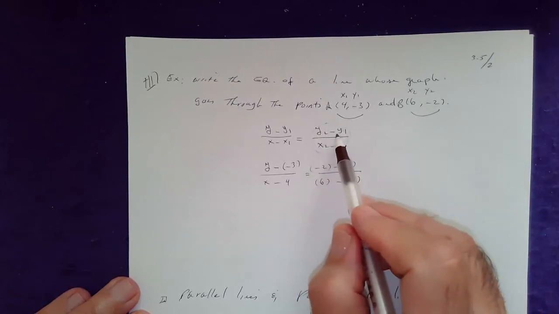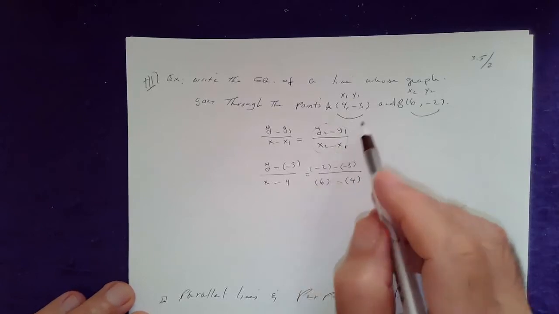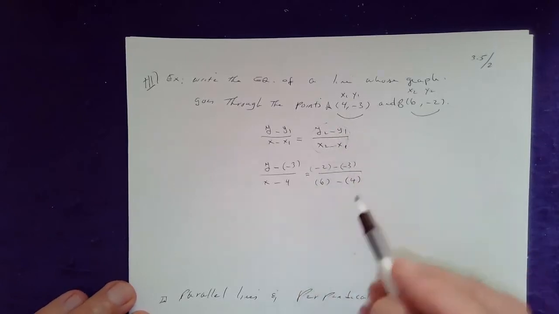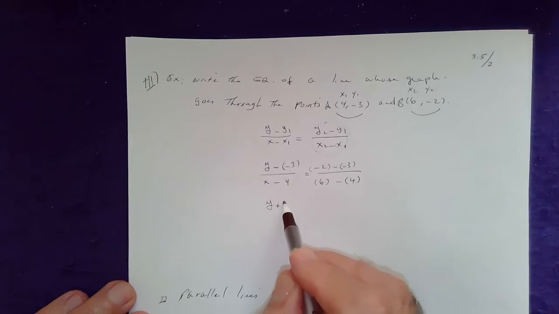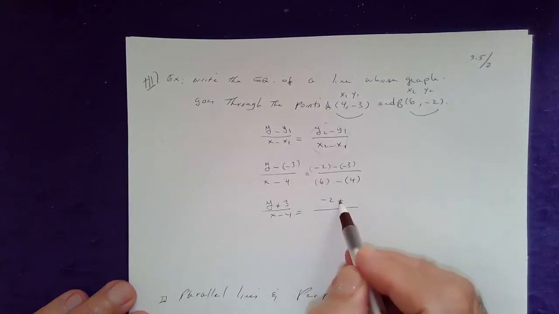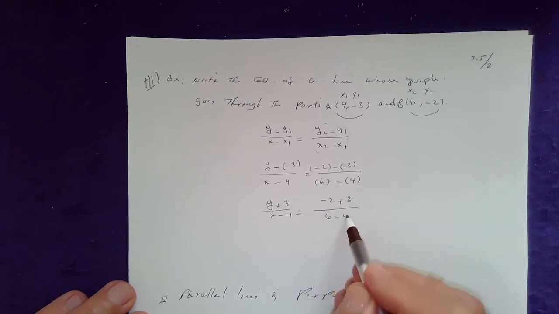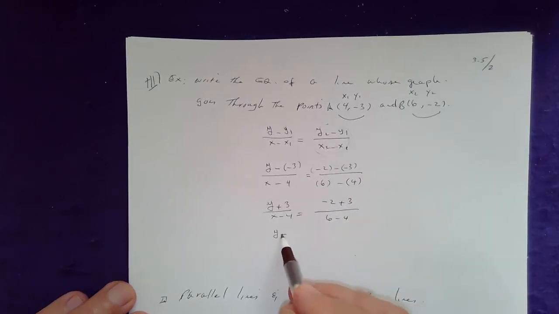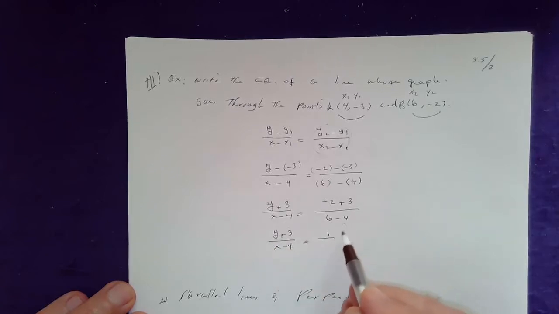Remember, slope is the ratio of the rise over run. So this is y plus 3 over x minus 4 equals negative 2 plus 3 over 6 minus 4. So that's y plus 3 over x minus 4 equals 1 over 2.